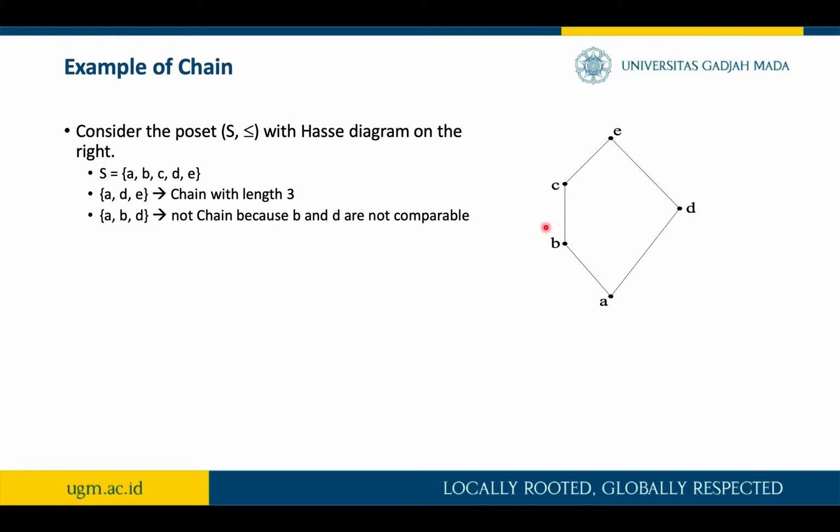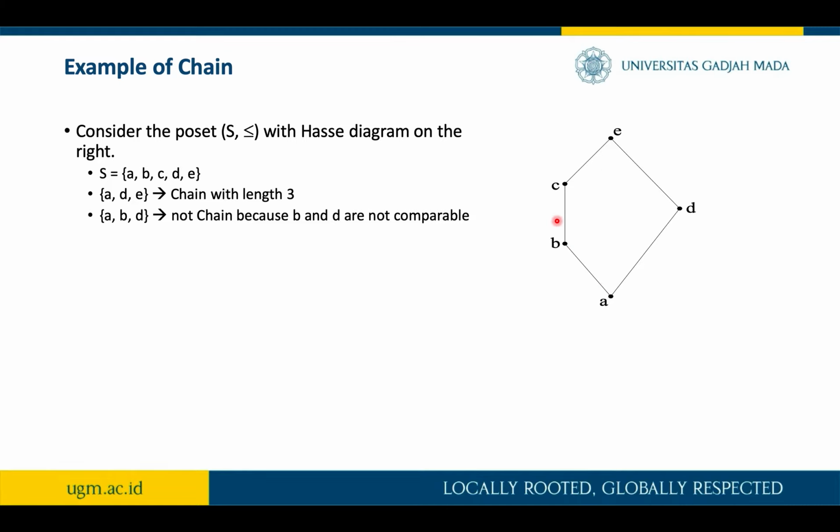There are 5 elements here: A, B, C, D, and E. For example, we have chain A, D, E. This is a chain of length 3. We can also have A, B, C, E. This is a chain of length 4. 1, 2, 3, 4.